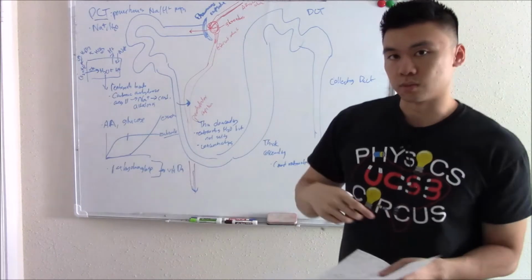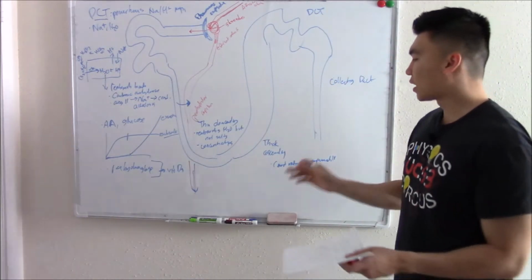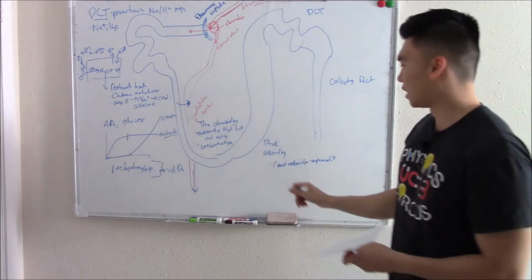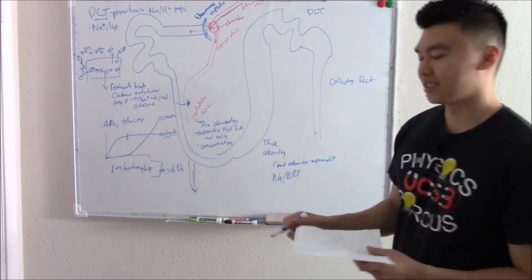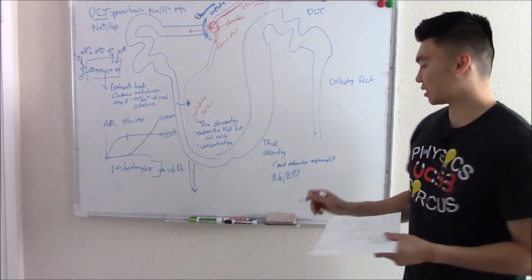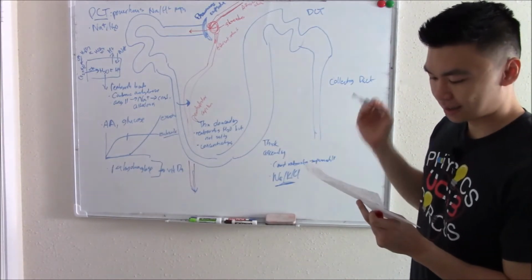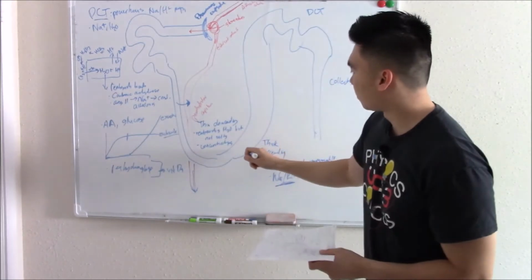Whereas this can't reabsorb salts, your thick ascending limb loves salts. It reabsorbs almost the most amount of salt via the sodium, potassium, chloride channel. That's a ton of salts. And it'll reabsorb that into your peritubular capillary.